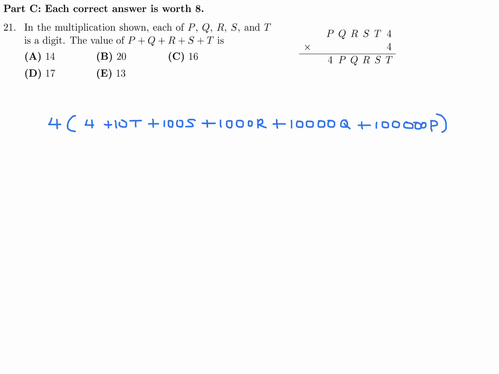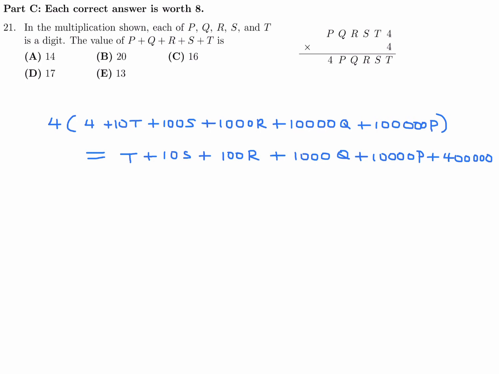And that is equal to this guy. And we'll expand that. So that's T plus 10S plus 100R plus 1000Q plus 10,000P plus 400,000.